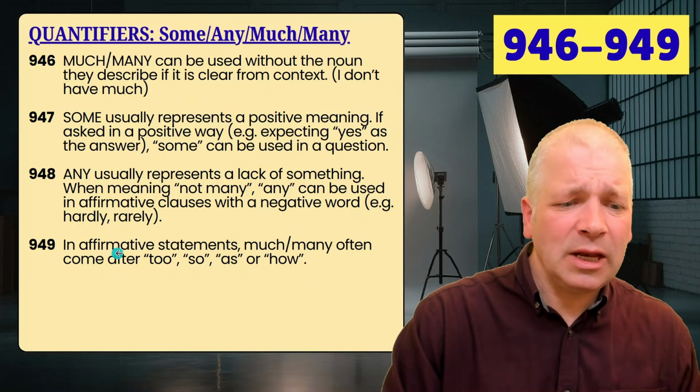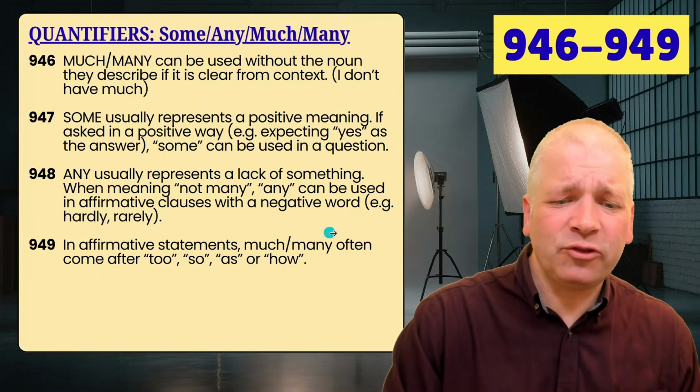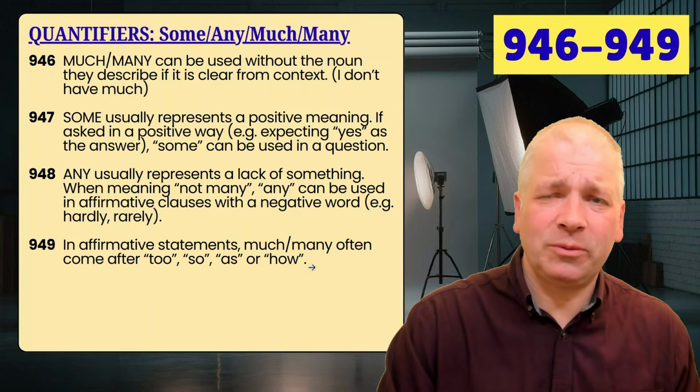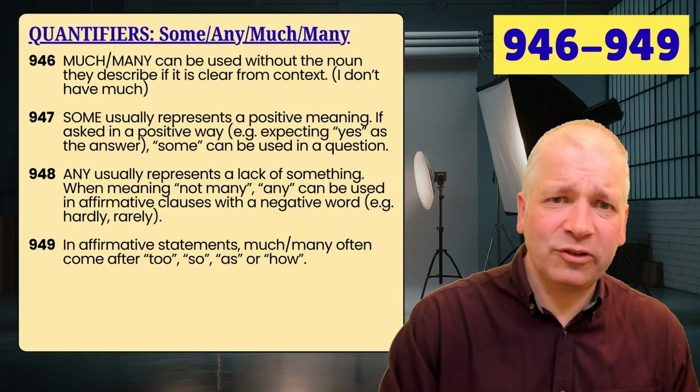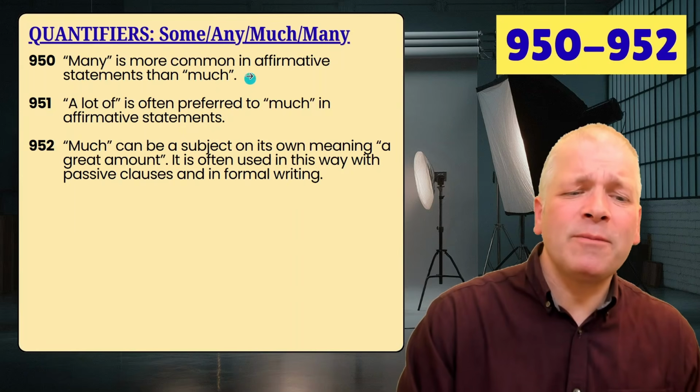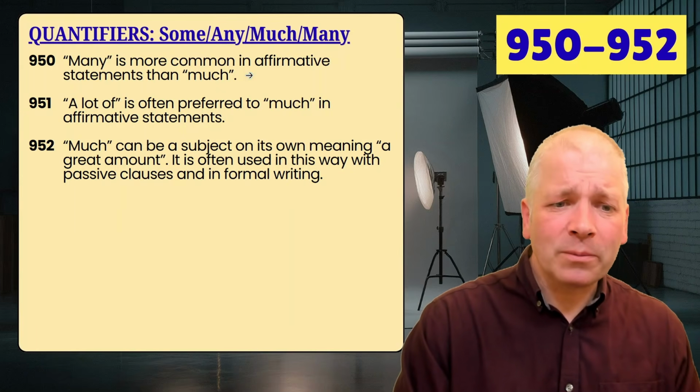In affirmative sentences, much or many often come after too, so, as, or how. Too much, so much, as much, how much. Many is more common in affirmative statements than much.